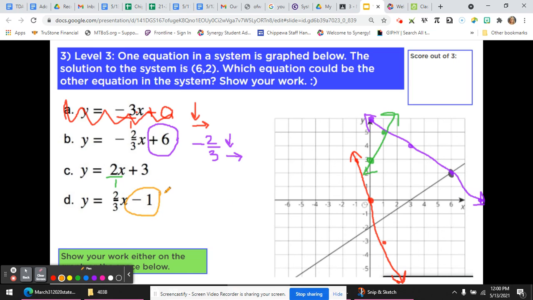Crosses the y-intercept at negative 1, and it's a positive slope. That is 2 over 3. So here I'm going to rise 2, run 3, rise 2, run 3. Oh, it's very close. Notice it doesn't quite hit that location.